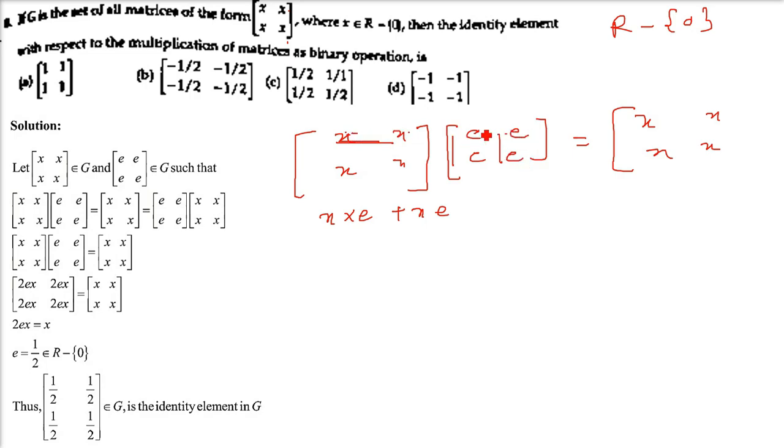Same with the second row with the first column and the second row with the second column. We get the same value every time, x into E plus x into E, that is 2xE or 2Ex. So 2xE here, here, here and here, and this you equate with x.